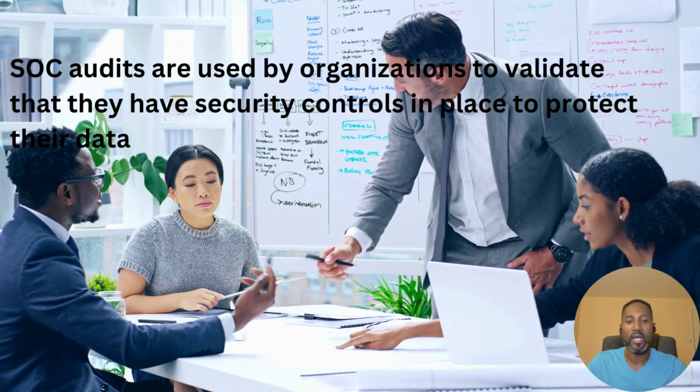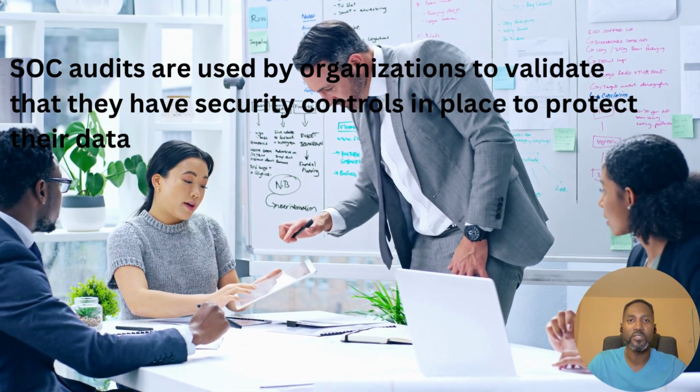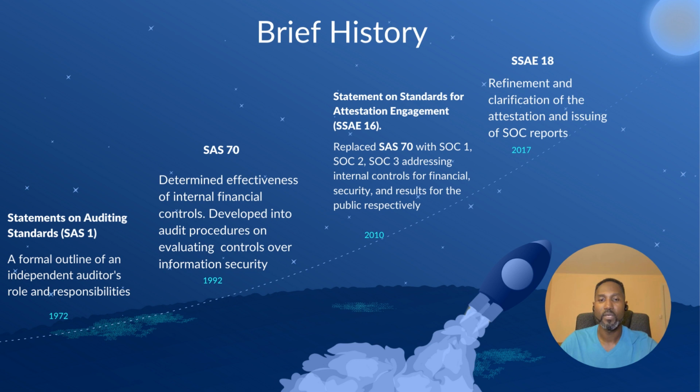So we're going to look at a brief history of how SOC came about. In 1972, the Statements on Auditing Standards, which is known as the SAS 1, was a formal outline of the independent auditor's roles and responsibility. So this came out and it was the first version of evaluating controls.